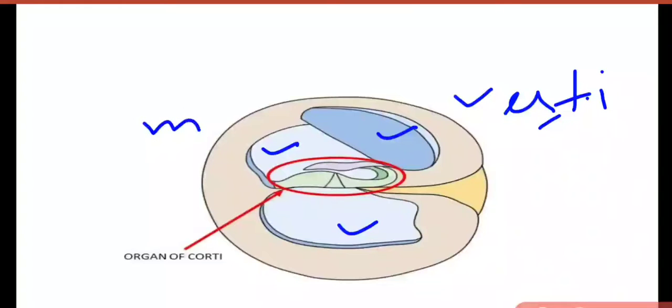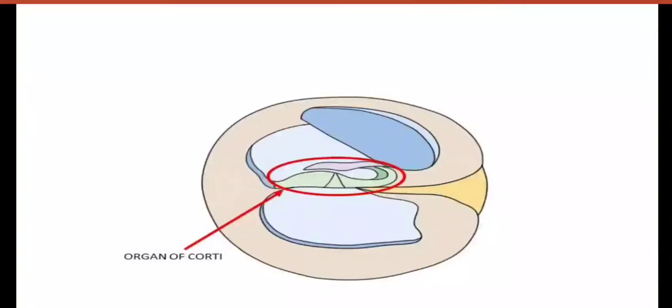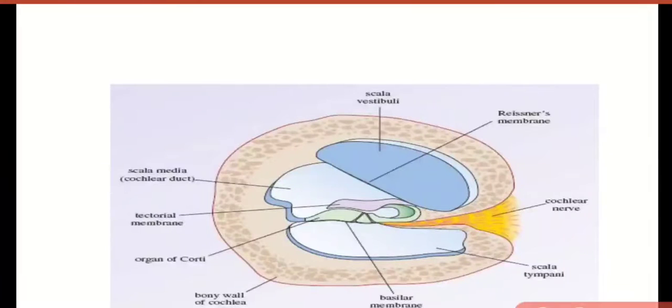And on the basilar membrane of this scala media, there is the organ of Corti, which is mainly responsible for hearing. In this diagram, all the labeling is done.